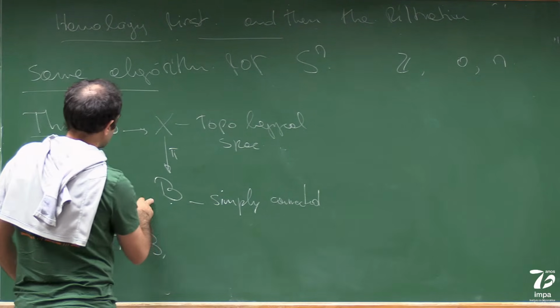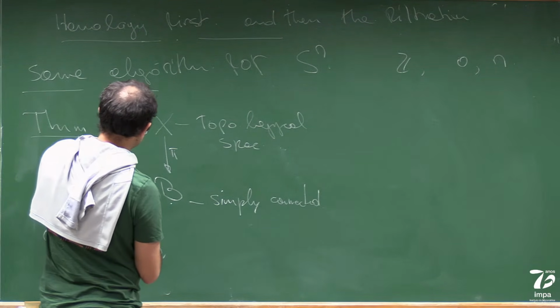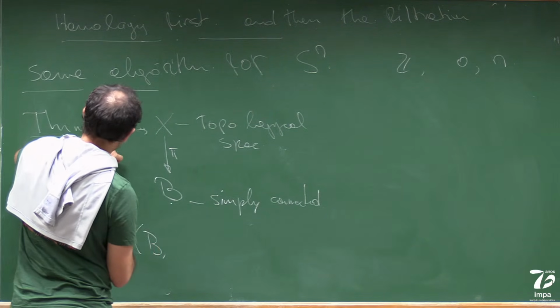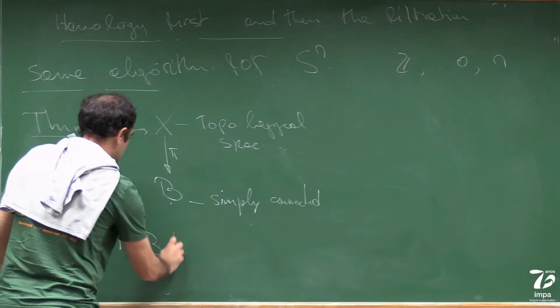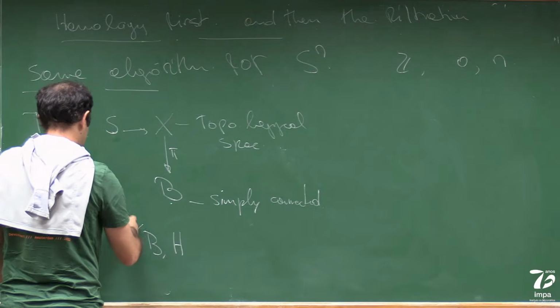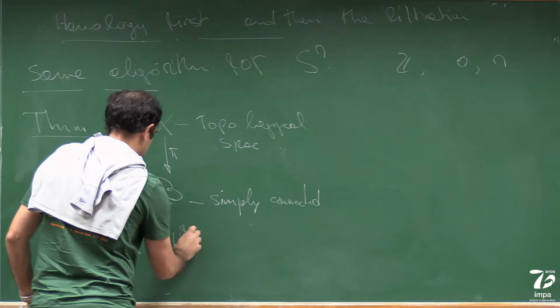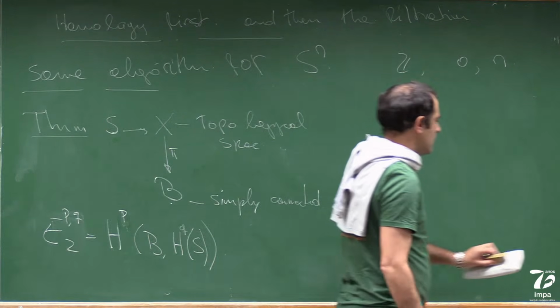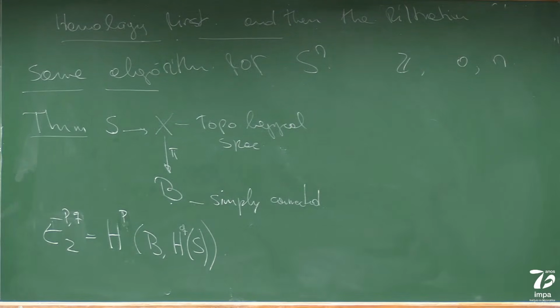So what we're going to do is compute the homologies of S and the homologies of the fibers. So I'm going to put P and Q. So let's use that to compute the homology of CP^n.